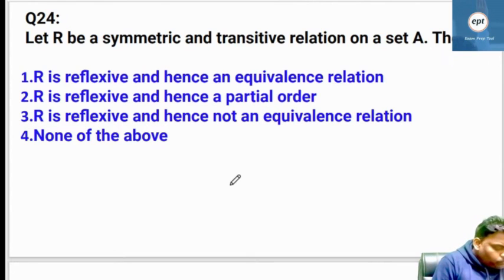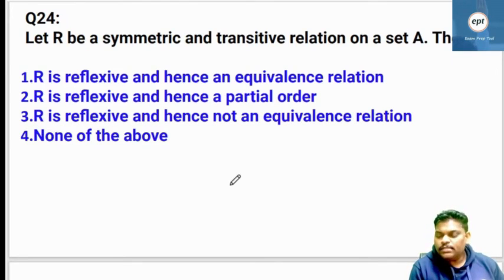Try this also. R is a symmetric and transitive relation on set A, then R is reflexive and symmetric.